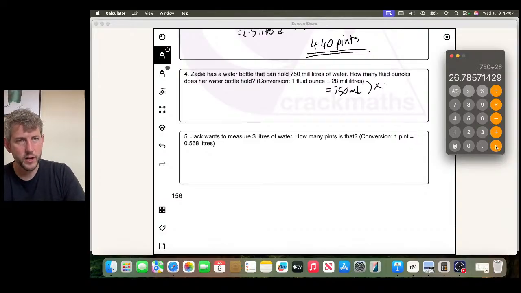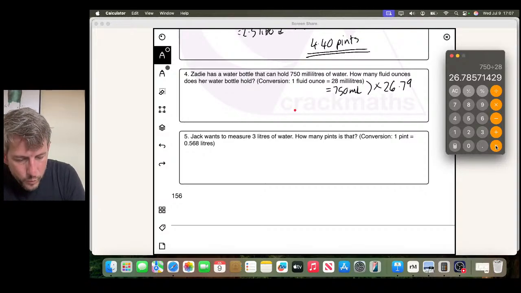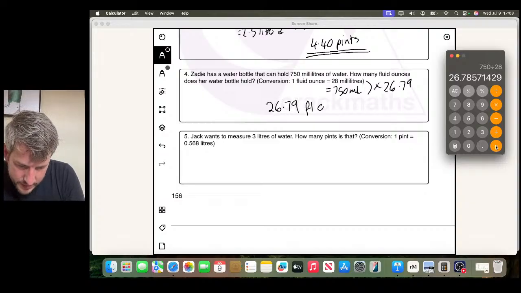And that's going to be times 26.79, to 2 decimal places. So therefore we'll have 26.79 fluid ounces.